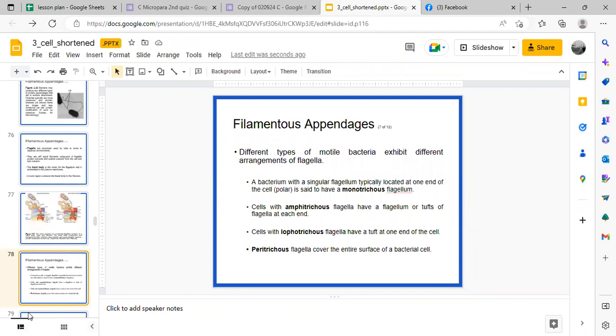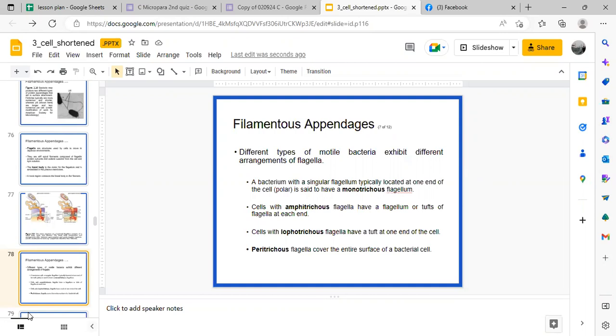Okay, so you have different arrangements of flagella, no? So pag isa lang yung flagellum mo, so that's monotrichous. Pag sa both ends, meron. So kahit isa lang or tag-isa lang sa both ends, so tawag dyan ay amphitrichous. Pero kung marami ka sa isang end ng cell, marami kang mga flagella, you call that lophotrichous.